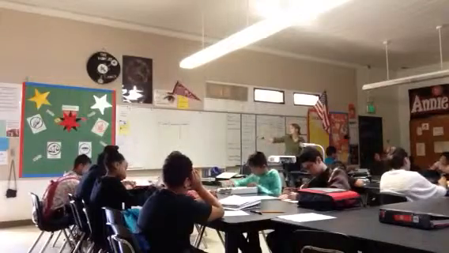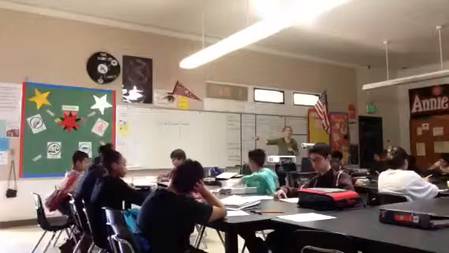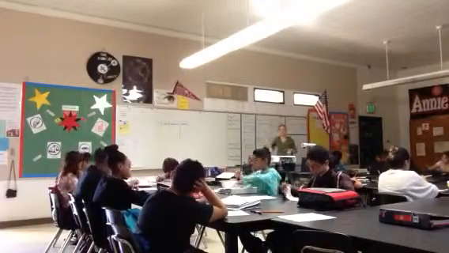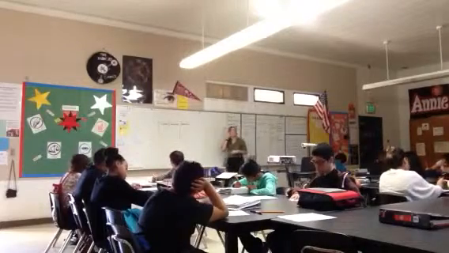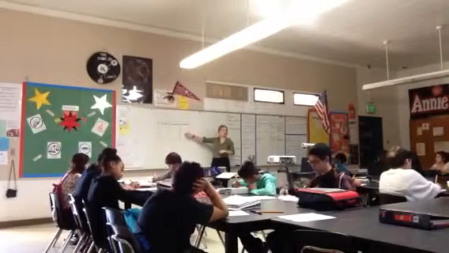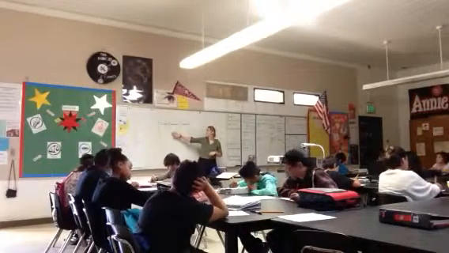So, for your notes, it's going to look like this. There's going to be 3 columns: simple, compound, and complex. Whenever we're talking about complex, you're going to be writing here. Whenever we're talking about compound, you're going to be writing here.